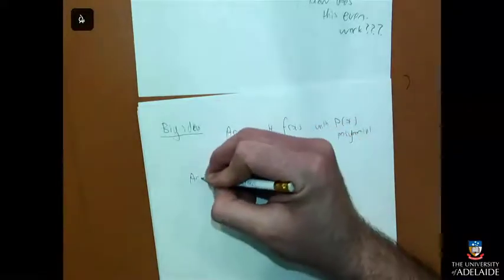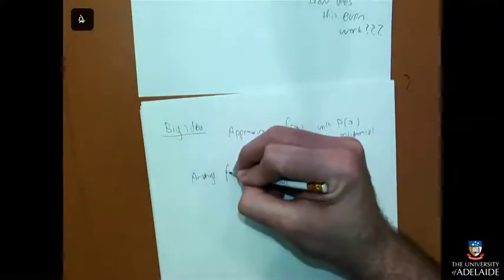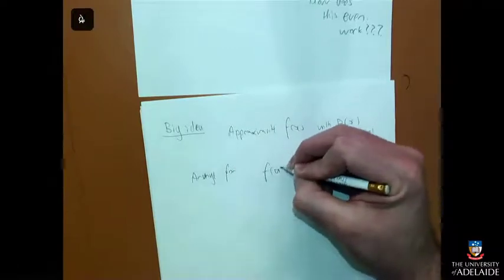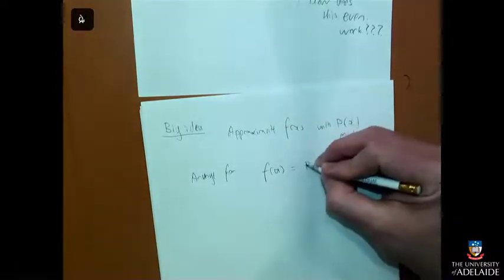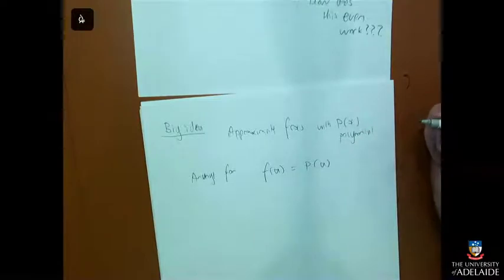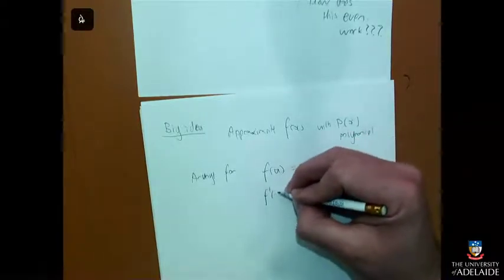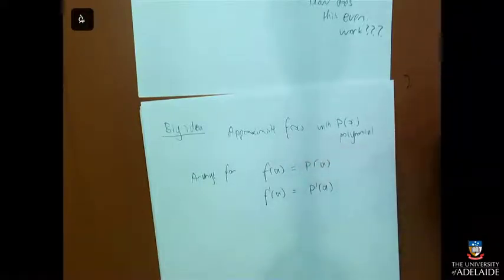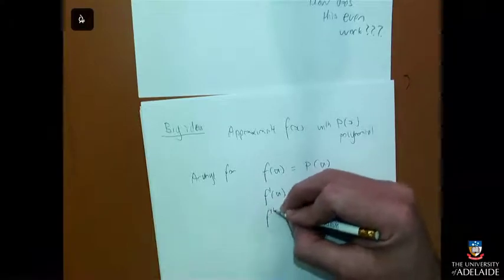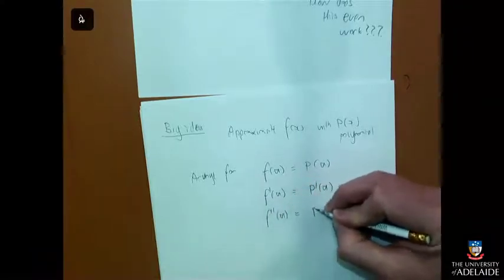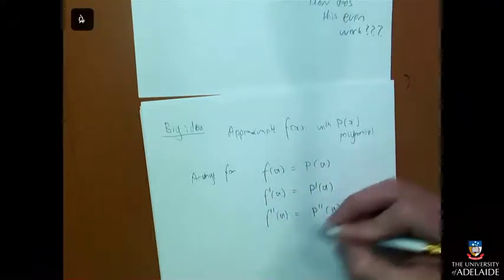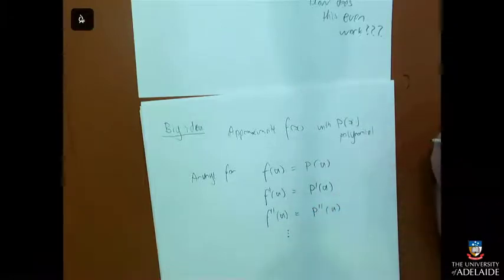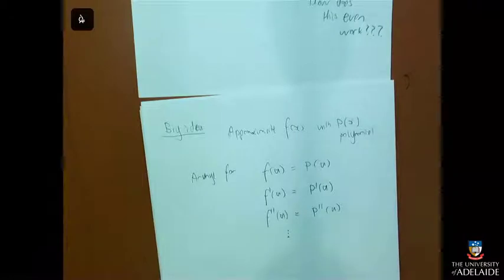And I'm going to arrange for f at a specific spot to be the same as the polynomial at that spot, and make my polynomial pass through that point. I'm going to arrange for the first derivative at that spot to be the same as the first derivative of my polynomial, the second derivative at that spot to be the same as the second derivative of my polynomial, and so on as far as I want to go. There's going to be some point that my polynomial refuses to match my original function.